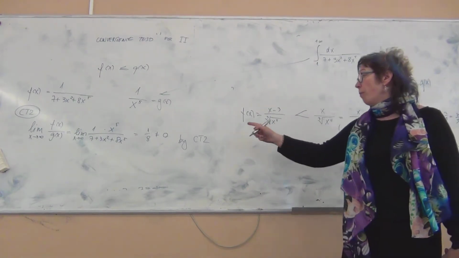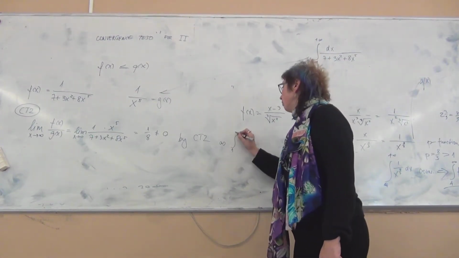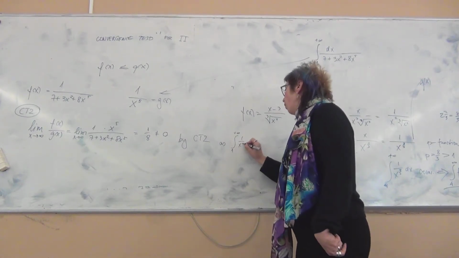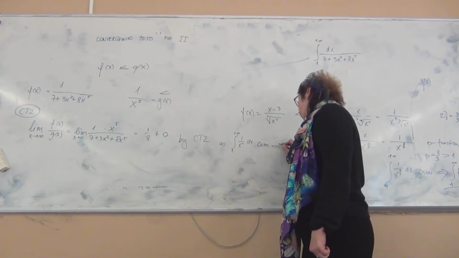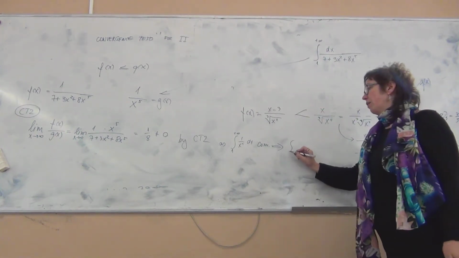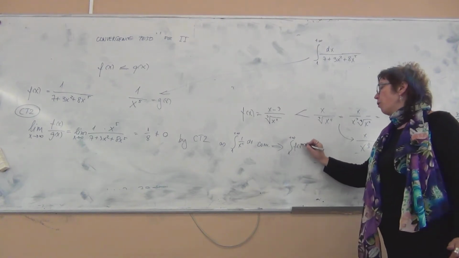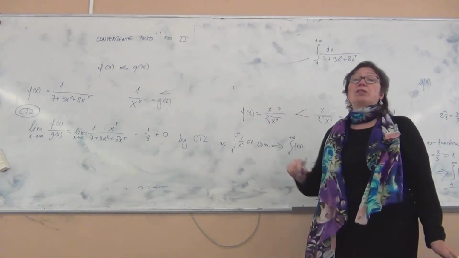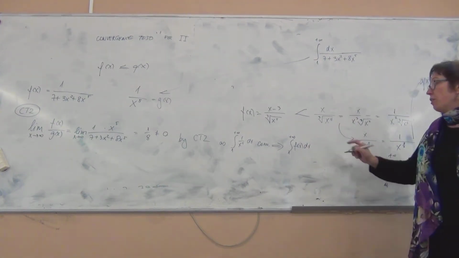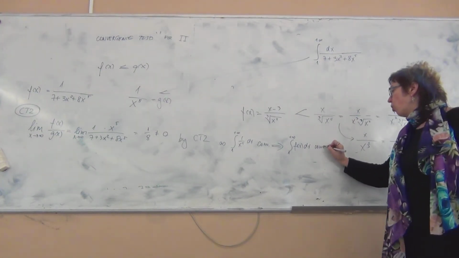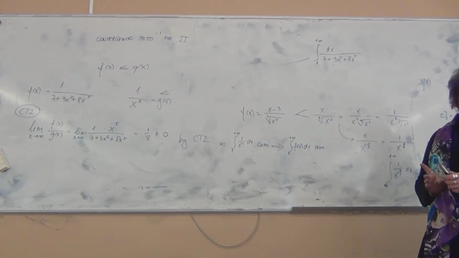So by the second comparison test, as the integral of 1 over x to the fifth converges, then the integral of the given function f of x dx, I'm simply too lazy to write this quotient, must also converge. That's according to the second comparison test.